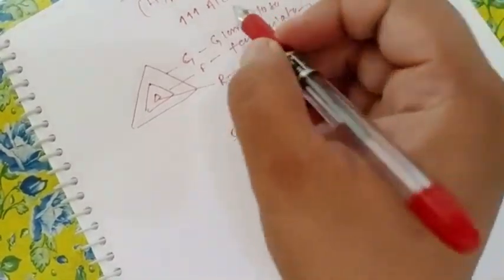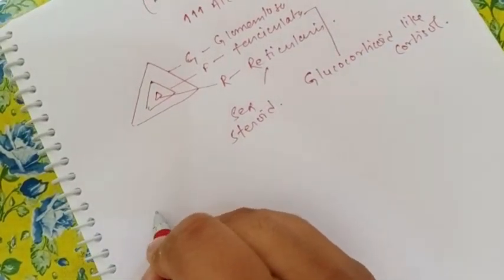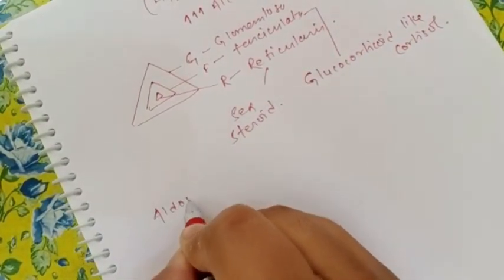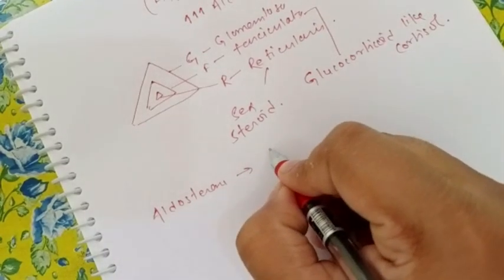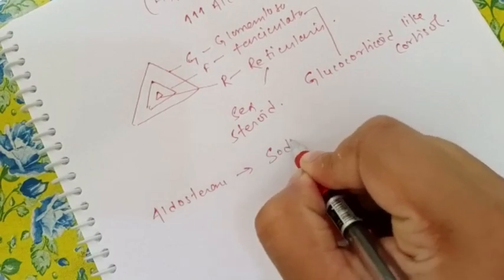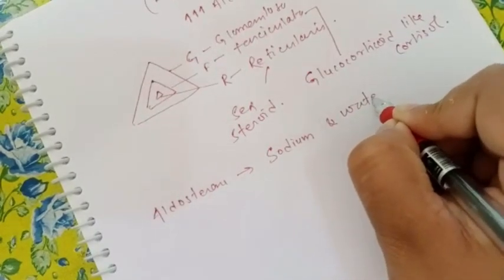So, as the name suggests, what is the function of aldosterone normally? Aldosterone's main function is sodium conservation, sodium and water conservation.